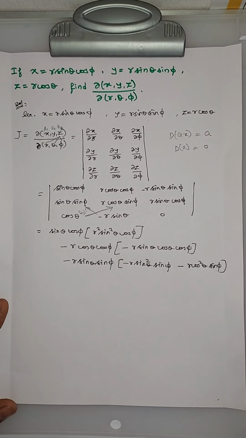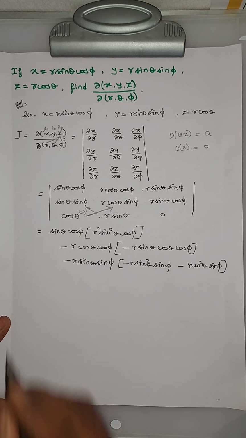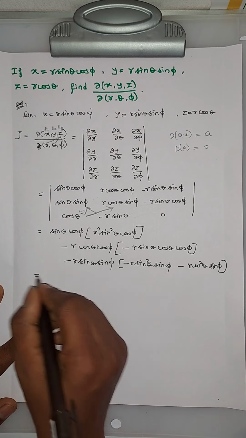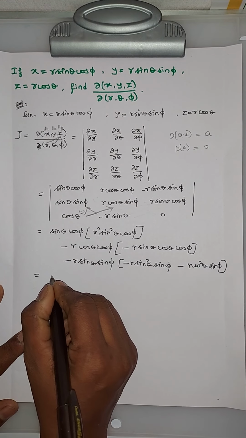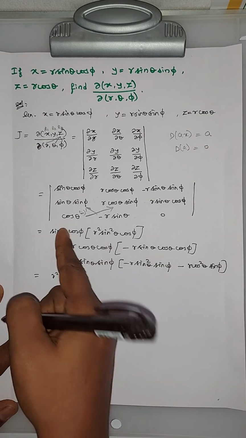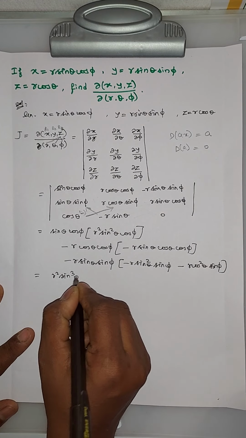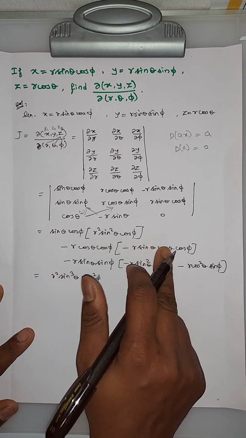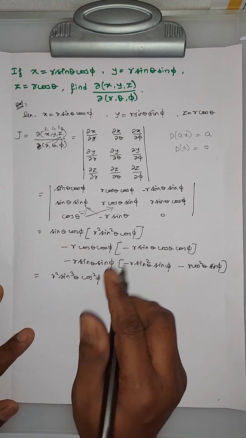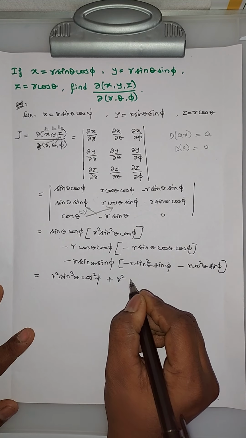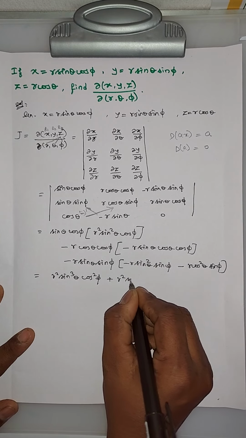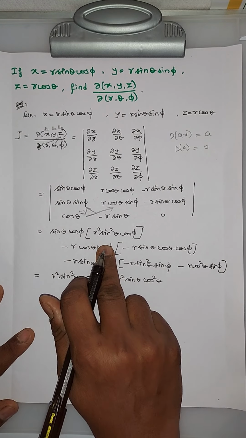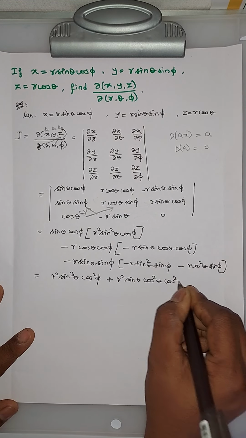Now expanding all the terms, which is equal to, so here it becomes r square sine cube theta cos square phi, and this one, now the second term, minus into minus plus r square sine theta, we have only one, so sine theta cos square theta cos square phi.